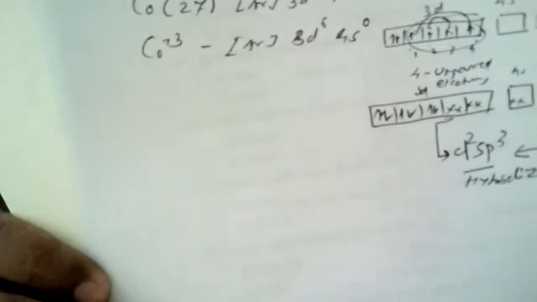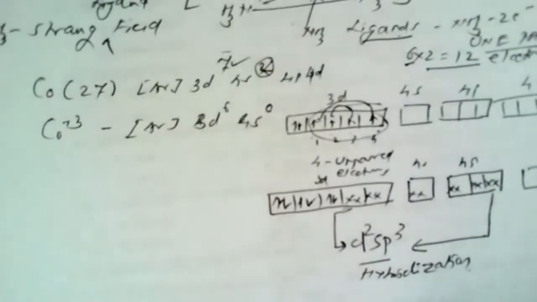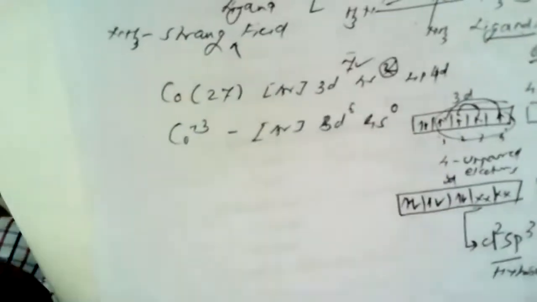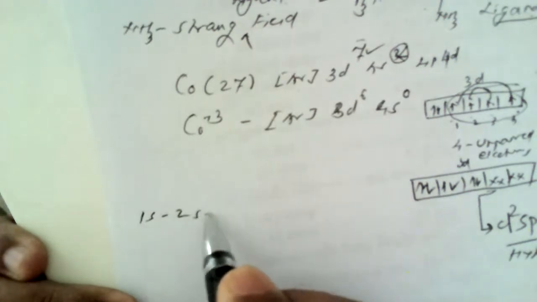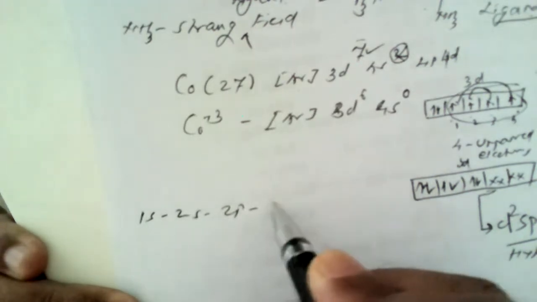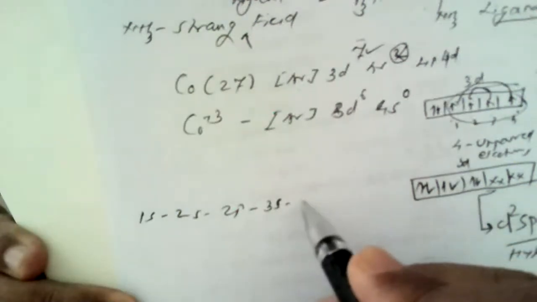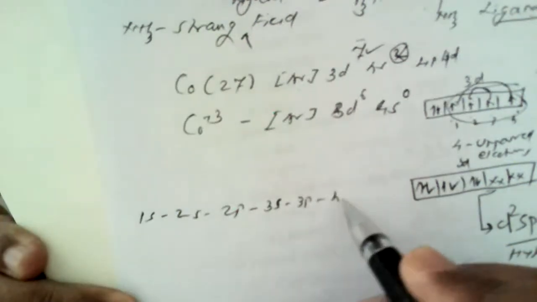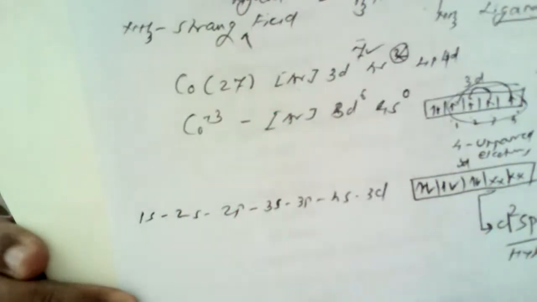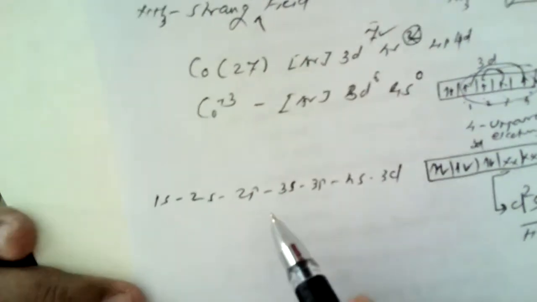Now, whether the complex formed by d2sp3 hybridization is an inner orbital or outer orbital complex, that we have to find out. While writing the electron configuration, we can start from 1s, then 2s, then 2p, then 3s, 3p, 4s, 3d. So such electronic subshells are there.